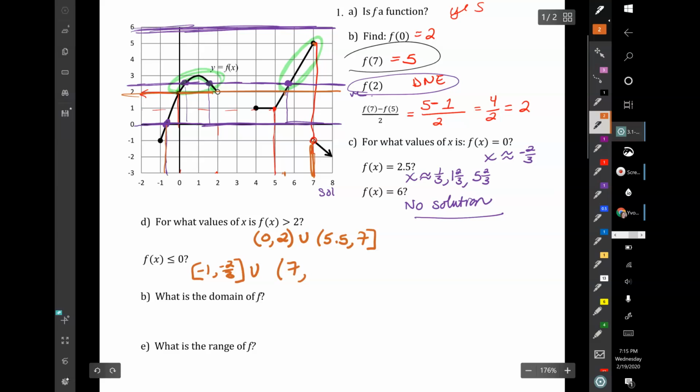And we have an arrow here on this segment, so we're going to say to positive infinity because this interval continues on and on and on to the right.